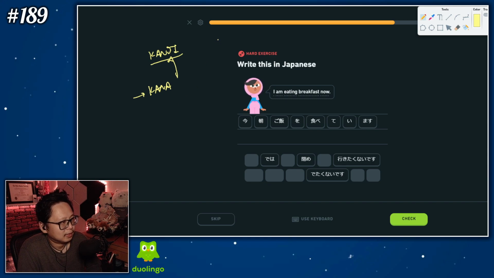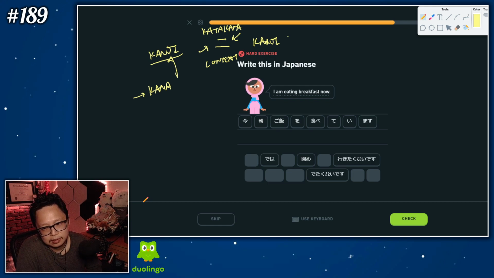It's kind of like saying ni. How are you going to tell the difference between ni? Context, right? Is it katakana ni, or is it the kanji ni? Which one do you think this is? I think there are more than just chikara. Yeah, so you're fine.